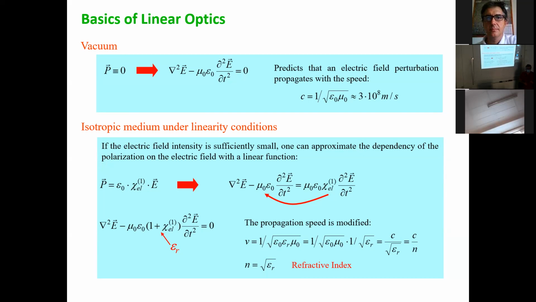What does it mean? That if you apply the field along one direction, the polarization will be along that direction. The two vectors are parallel to each other. But this is not really the simplest case. This is the simplest case, but it is not the most general case.